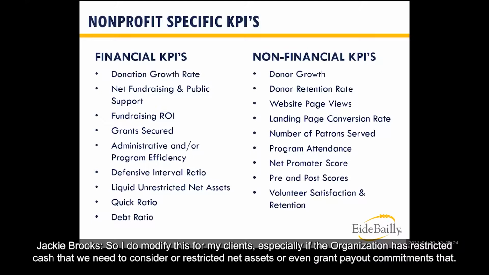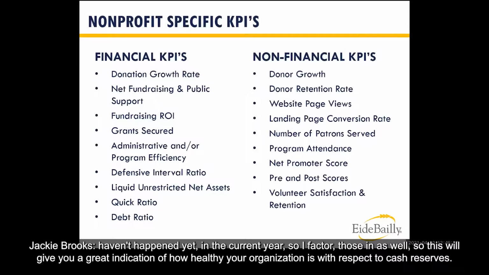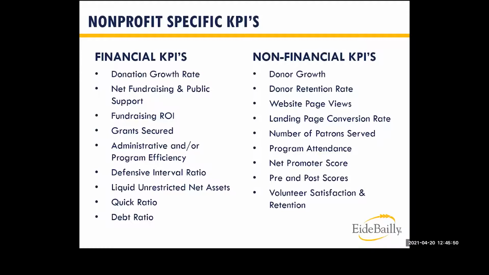I do modify this for my clients, especially if the organization has restricted cash that we need to consider, or restricted net assets, or even grant payout commitments that haven't happened yet in the current year. So I factor those in as well. This will give you a great indication of how healthy your organization is with respect to cash reserves.